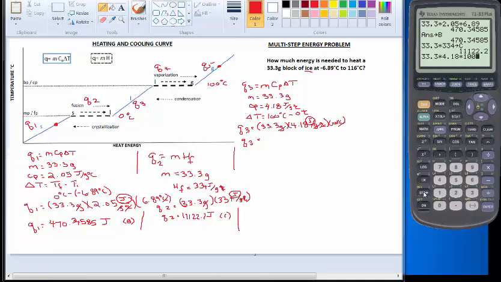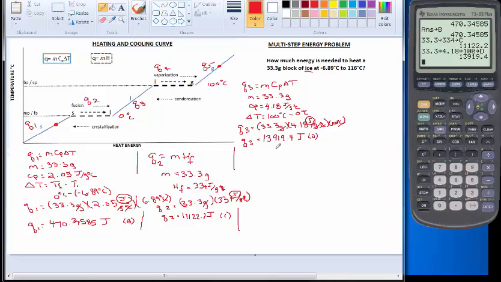This time we will store this number that we will use again as the letter D. Enter. So our number is 13919.4. Our unit is joules, and we stored this as D.